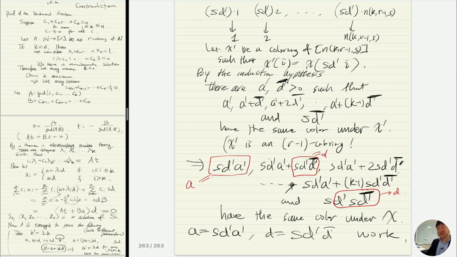All right, so that's the proof of Rado's theorem, which is based on van der Waerden's theorem. So we cannot say so far by using this proof that we have a second proof of van der Waerden's theorem, because this uses van der Waerden's theorem. Anyway, that's the characterization of regular equations.